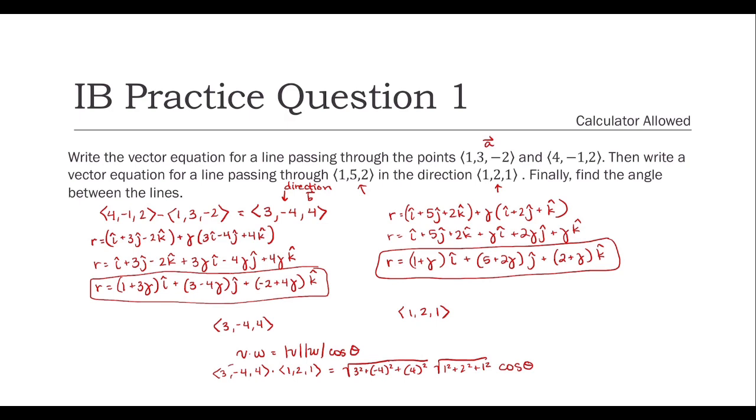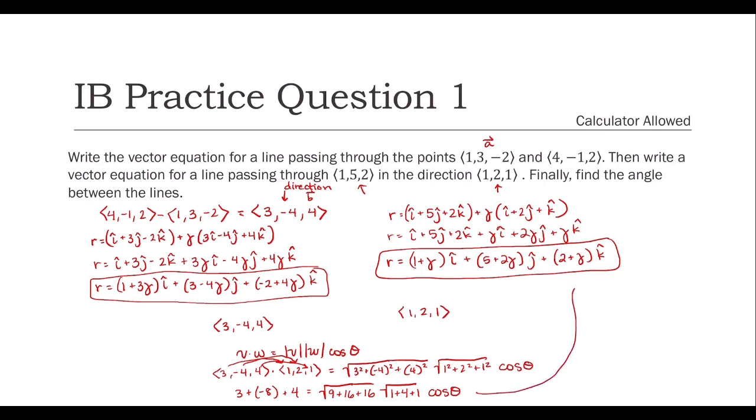So our dot product here is going to be 3 plus negative 8 plus 4, and that's going to equal the square root of 3 squared, which is 9, plus negative 4 squared, which is 16, plus 4 squared, which is 16, times the square root of 1 squared, which is 1, plus 2 squared, which is 4, plus 1 squared, which is 1, times the cosine of theta.